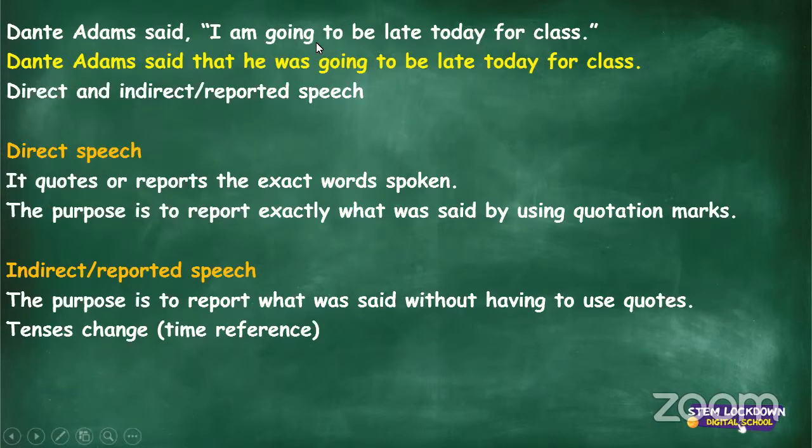That's what Dante said. But if you are reporting the same thing using reported speech, it changes to Dante said that he was going to be late, not that he is going to be late. So it's very important to note that with indirect speech, the tenses change.